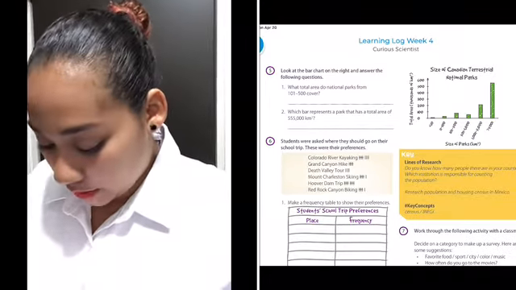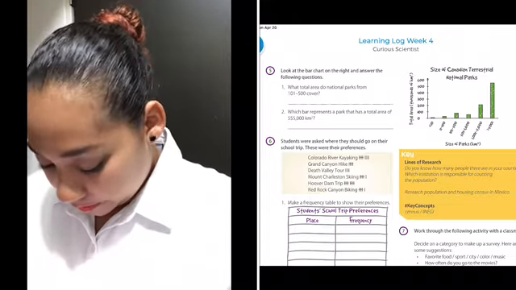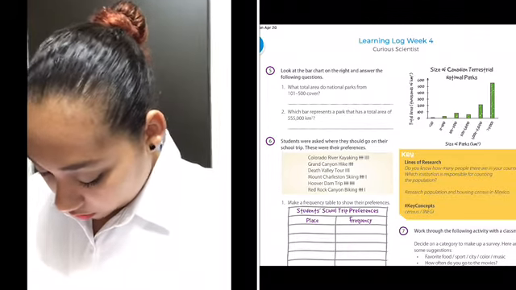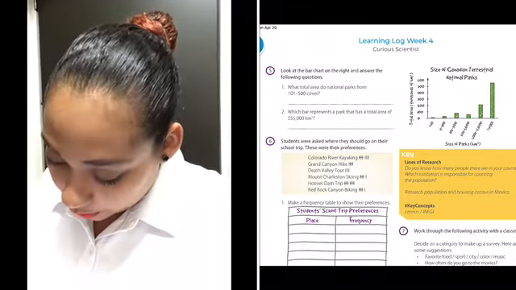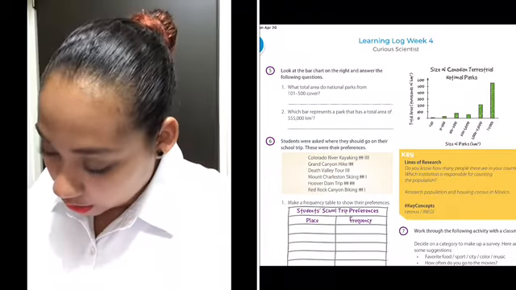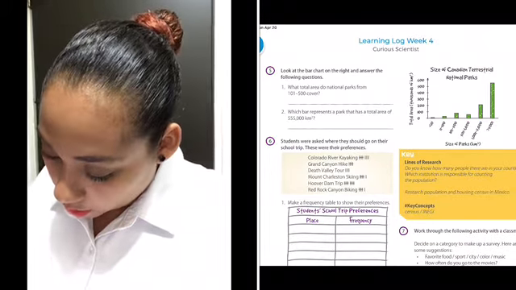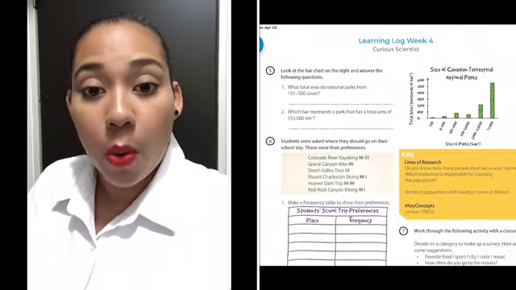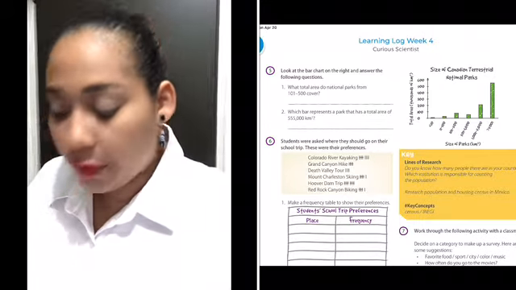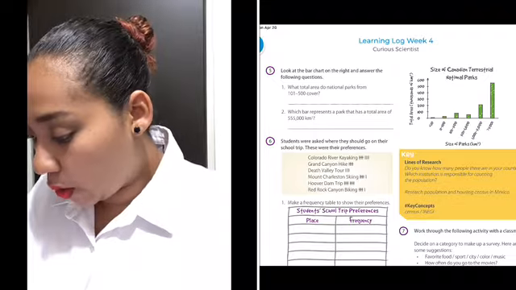It says, what total area of national parks from 101 to 500 cover? So what do you think?